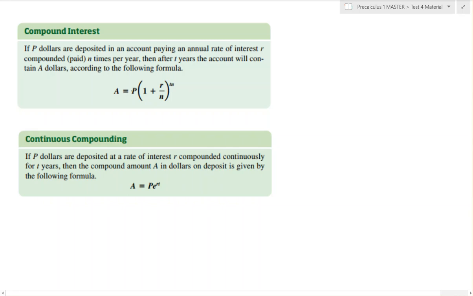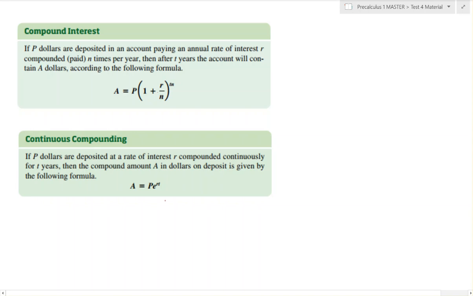A is going to be P, the principal that you put in, times 1 plus r, which is your annual interest rate as a decimal, divided by the number of times it is compounded per year, and take that all to the t, this is the number of years, times n, again the same n as this, the number of times it's compounded per year.